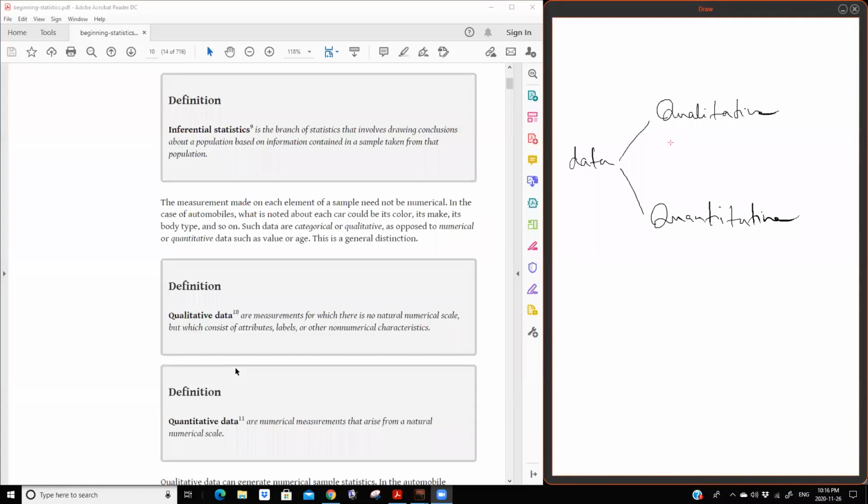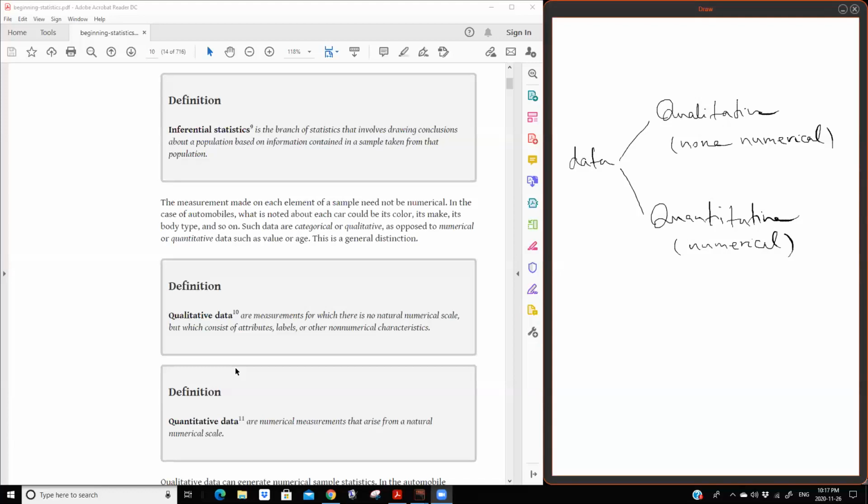Qualitative basically means non-numerical, and quantitative basically means numerical. So in the first section in Khan Academy, you did some exercises to figure out which type of data is quantitative and which one is qualitative.